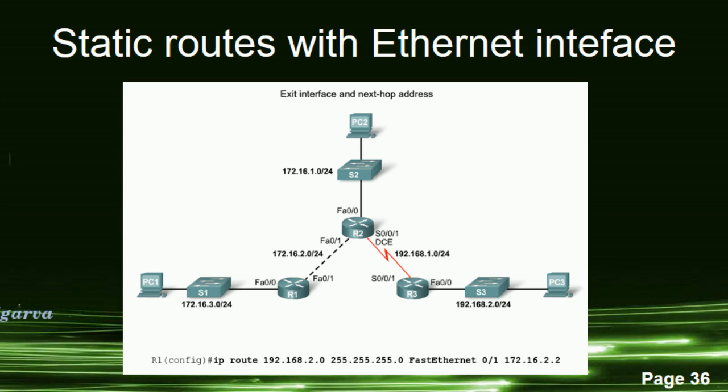For static routes with outbound point-to-point serial networks, it is best to configure static routes with only the exit interface. For point-to-point serial interfaces, the next hop address in the routing table is never used by the packet delivery procedure, and so it is not needed. For static routes with outbound Ethernet networks, it is best to configure the static routes with both the next hop address and the exit interface.